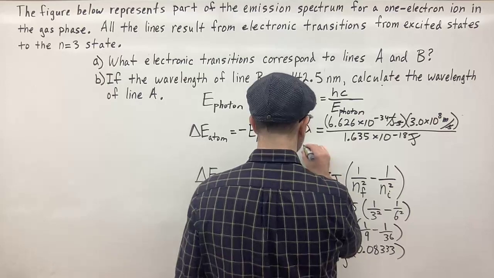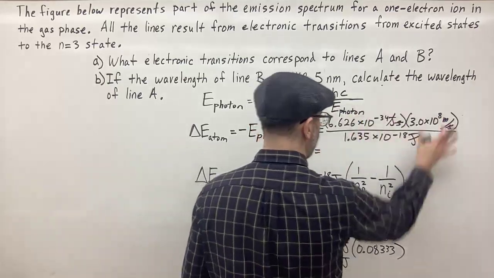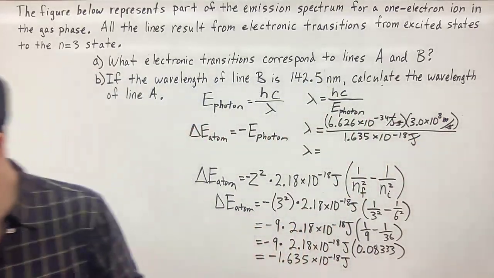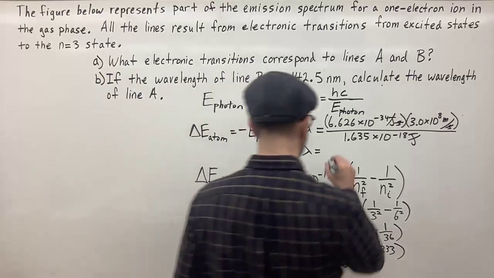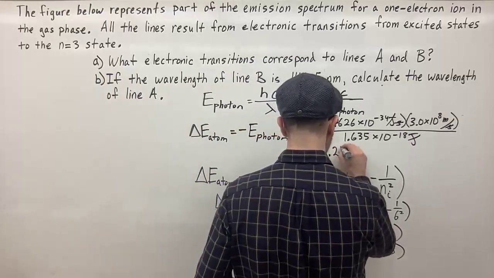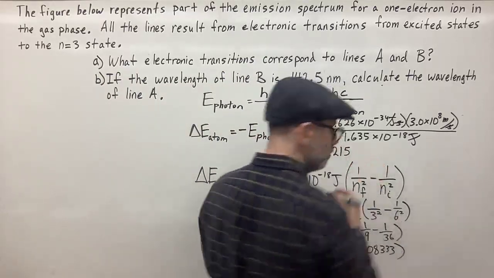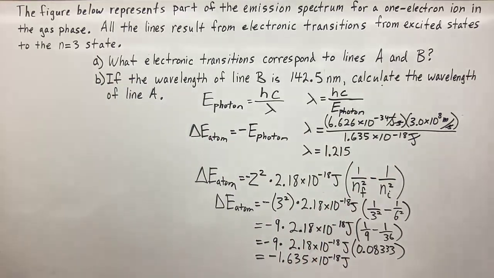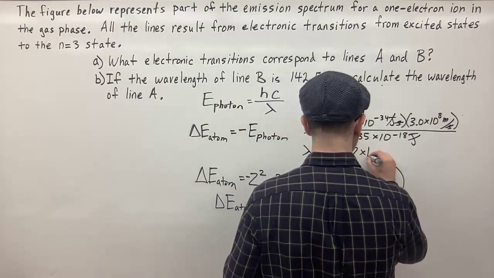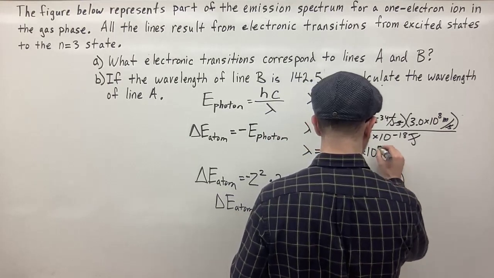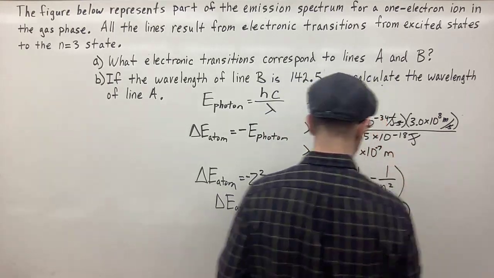So then wavelength, if I calculate all this, the wavelength in meters is going to be 1.215 times 10 to the minus 7 meters.